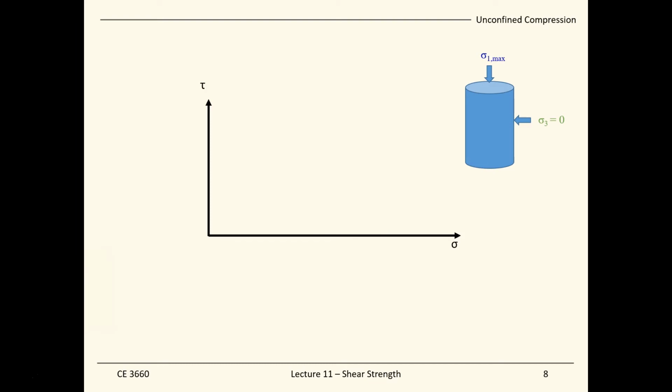We know sigma 1 max, which we can measure in the test setup. And we also know sigma 3, because sigma 3 is 0. It's an unconfined compression test. Unconfined means there's no sigma 3. So knowing sigma 1 max and sigma 3 equals 0, we have 2 points on the x-axis of the Mohr circle space, for the vertical stress, which means we can form our Mohr circle.